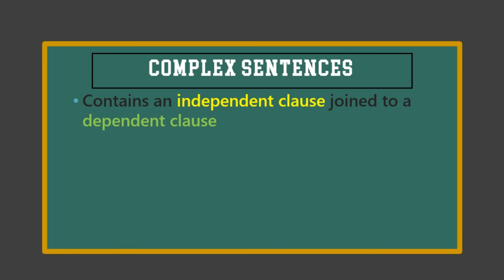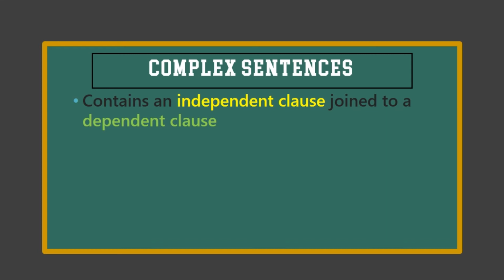Now, how is a dependent clause different from an independent clause? When we were learning about simple and compound sentences, we identified that an independent clause can stand on its own and still make sense, right? But a dependent clause will need to be joined to another clause or another sentence in order to make proper sense.